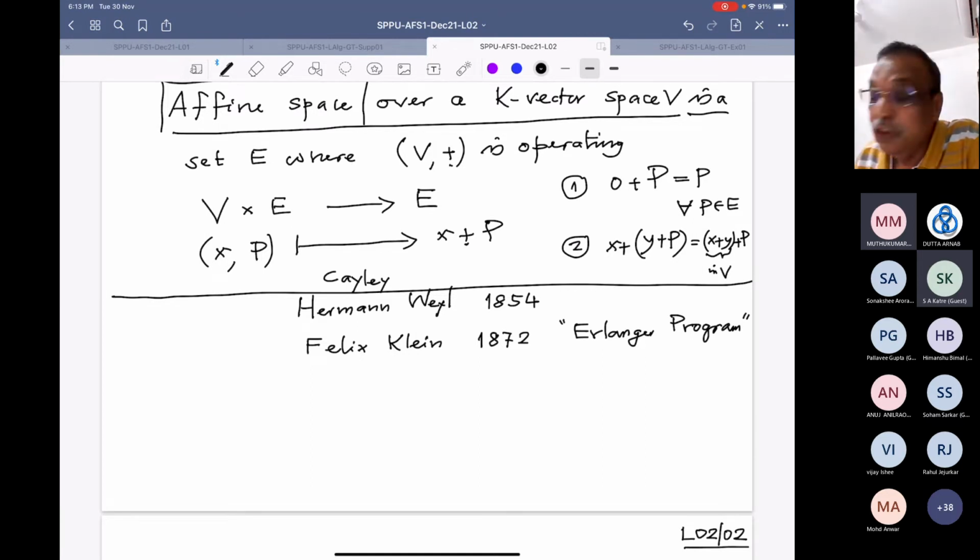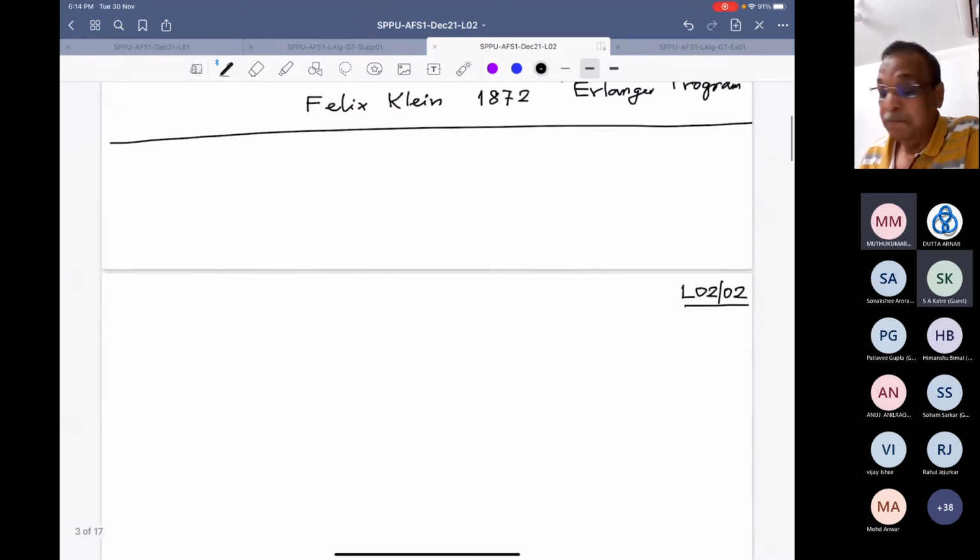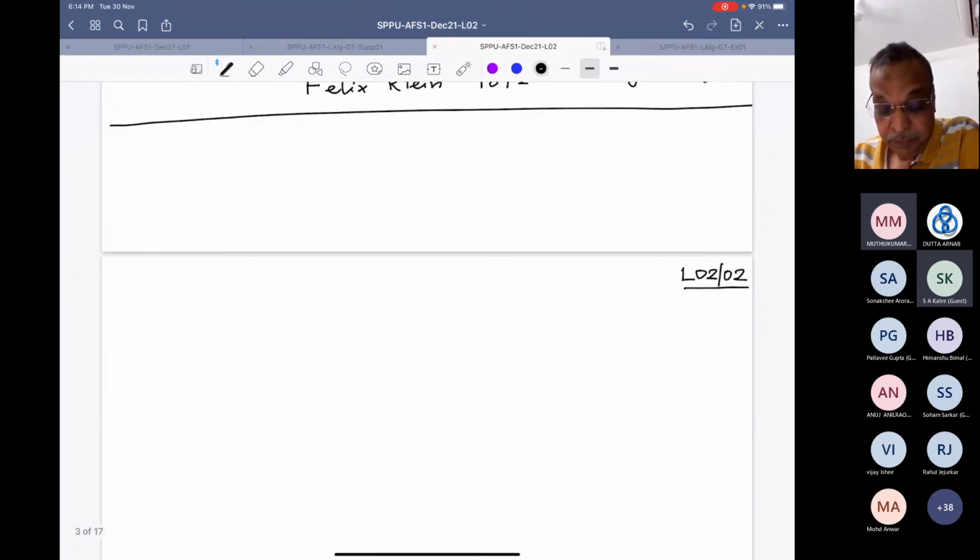Of course, before that also, if you go back, as I said yesterday, Lagrange, Galois, Cauchy, all of them knew it, but in those days it was not a systematic study and the notation was also not there. And so they were studying what are called Galois groups. That also I will mention some other time. All right, so we will continue with this. Anybody has a question, still ask.